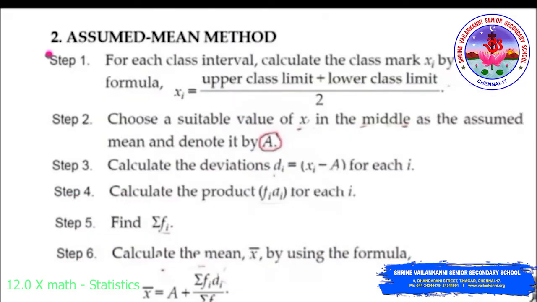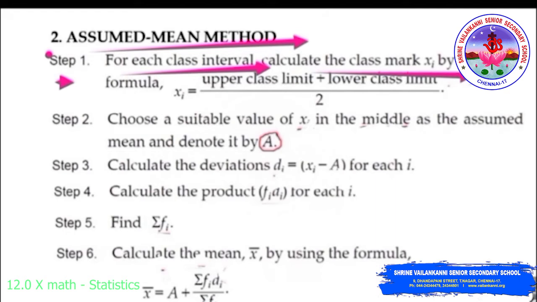The second method to find a mean is the assumed mean method. Step 1, for each class interval, calculate the class mark xi, that is, lower limit plus upper limit divided by 2.